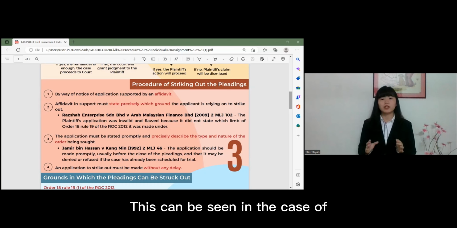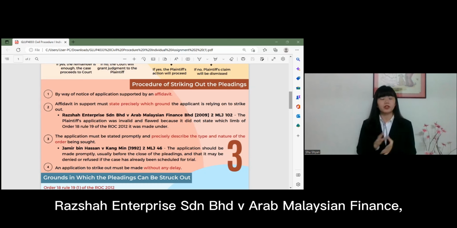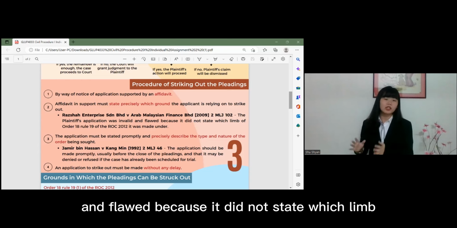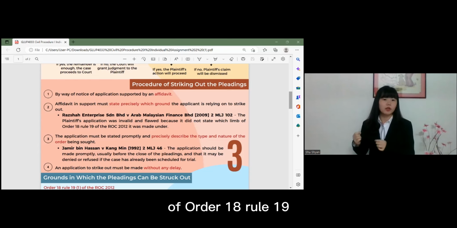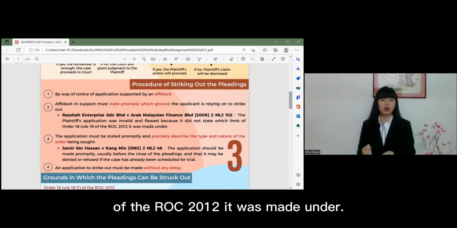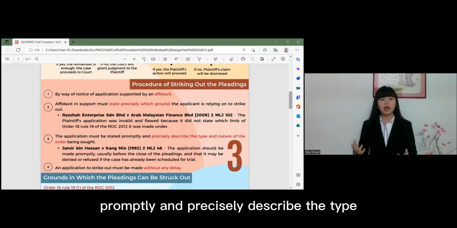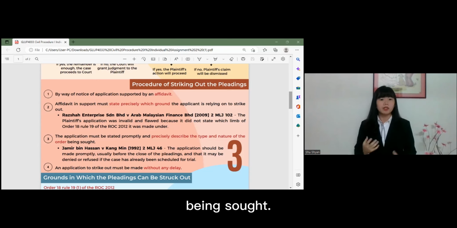This can be seen in the case of Rasha Enterprise and Jiran Berhad versus Arab Malaysian Finance, whereby the court held that the plaintiff's application was invalid and flawed because it did not state which limb of Order 18, Rule 19 of the ROC 2012 it was made under. Moreover, the application must be stated promptly and precisely describe the type and nature of the order being sought.